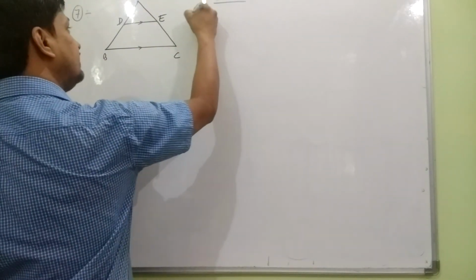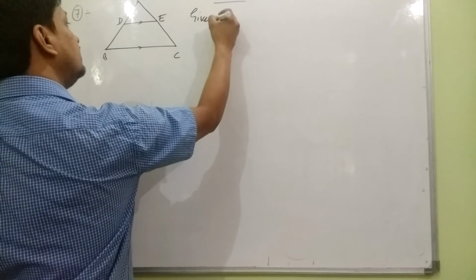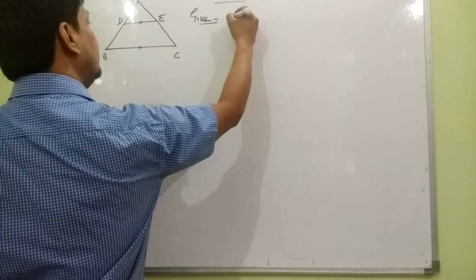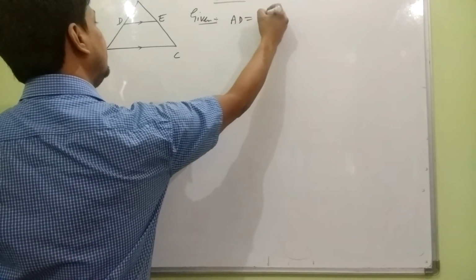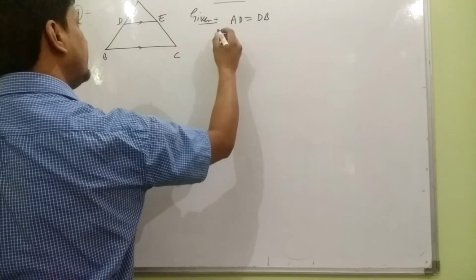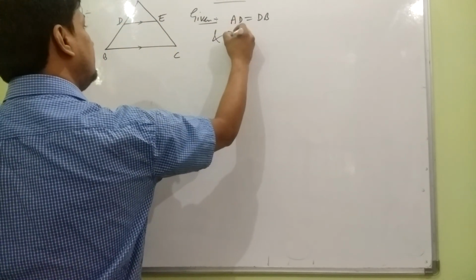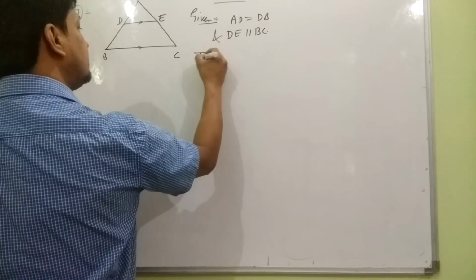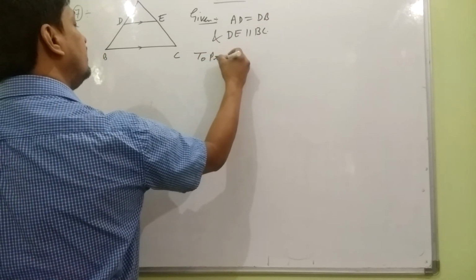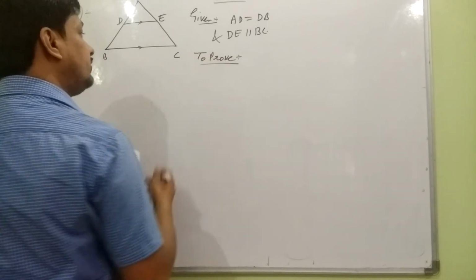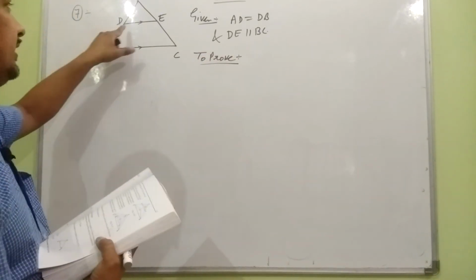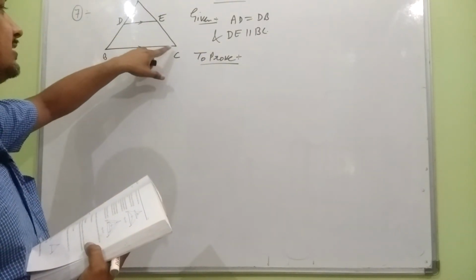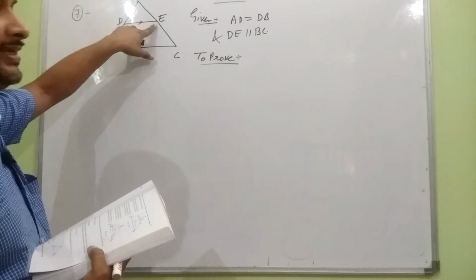So what is given? We are given AD equal to DB, क्योंकि D इसका midpoint है और हमें ये भी बोला है कि DE is parallel to BC. So what is to prove? We have to prove that DE will bisect AC.